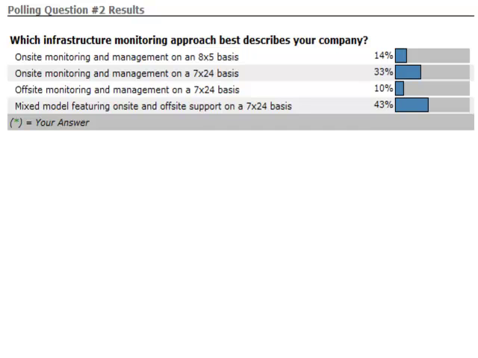Though primarily on a 24/7 basis, you see a lot fewer that are doing it only 8-to-5, and relatively few, only 10%, that are doing around-the-clock monitoring off-site. So most people, it would appear, are doing 24/7, and they're doing a mixture of on-site and off-site.